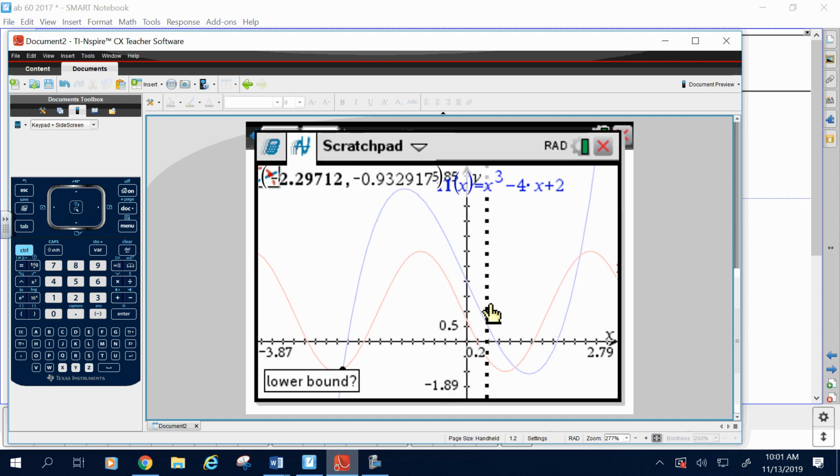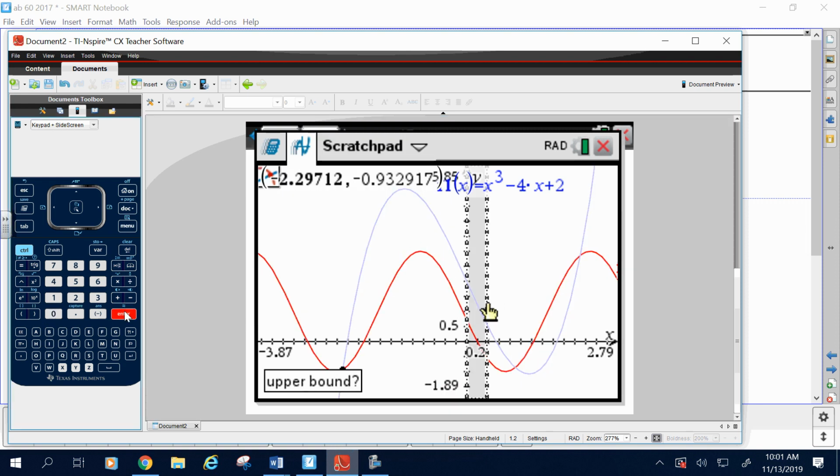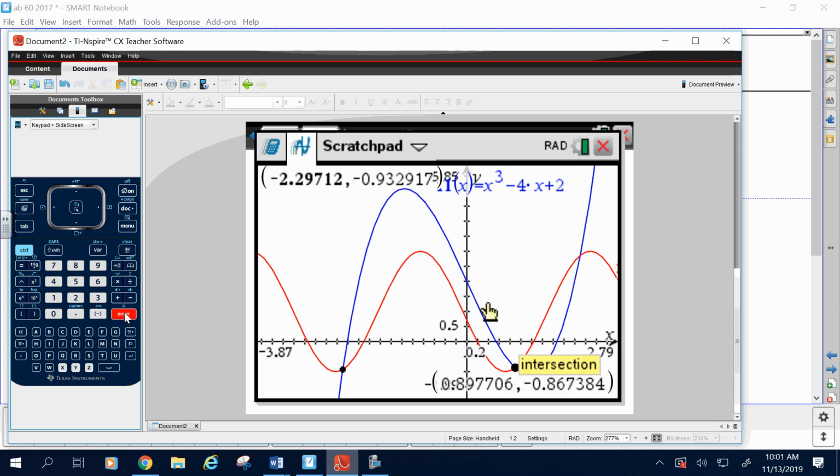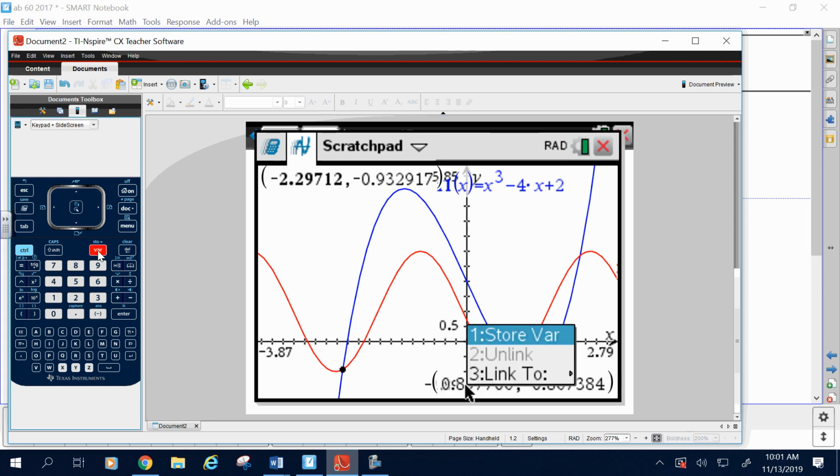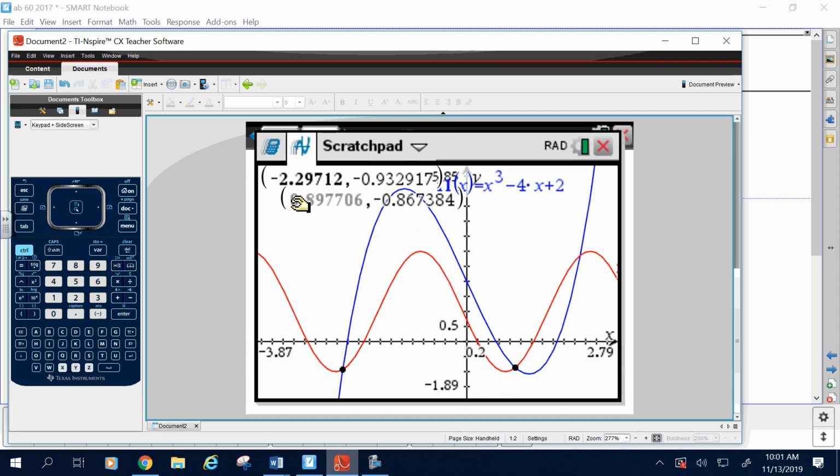Intersection B, let's even make that A. Store that second one, I'm getting 0.8 something. 0.897. Okay.